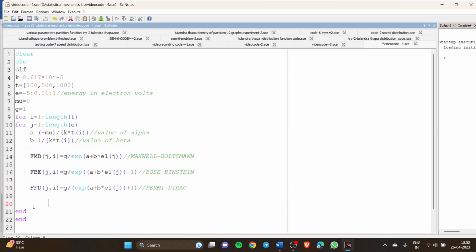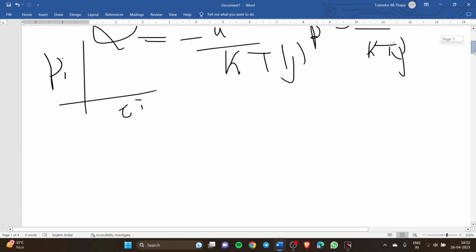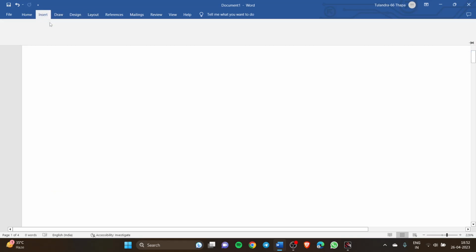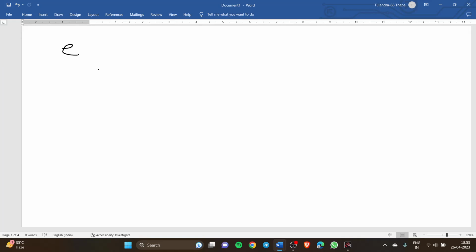Firstly we have to calculate the value of alpha, because it will be used in the exponential of alpha plus beta E i. I have already told you, but I will tell you again, because it was my mistake. We have three distributions. g_i upon e to the power alpha plus beta e_i is for Maxwell Boltzmann, our classical system.